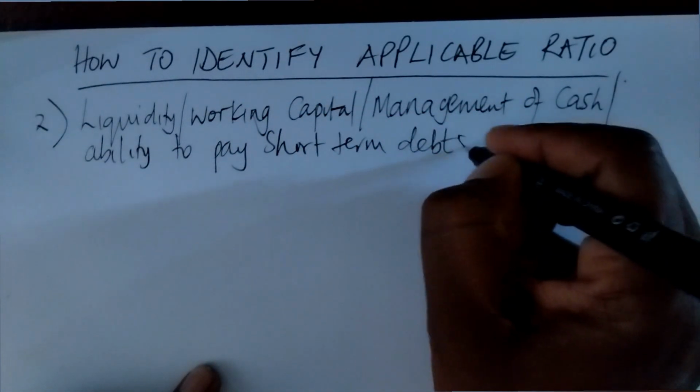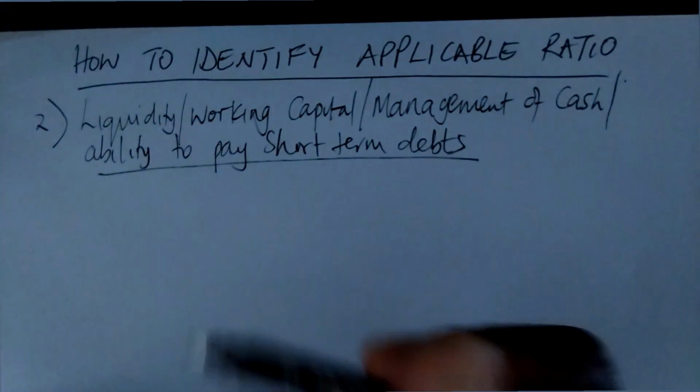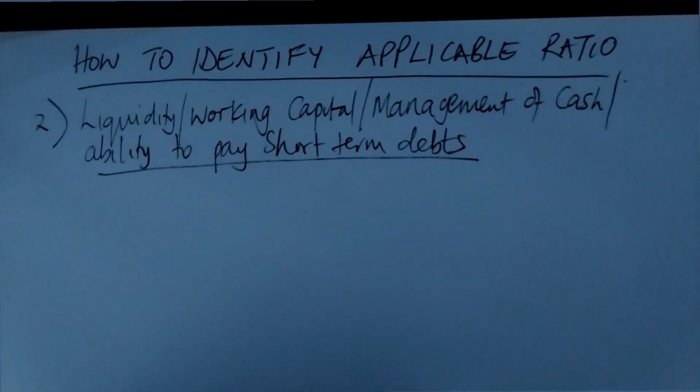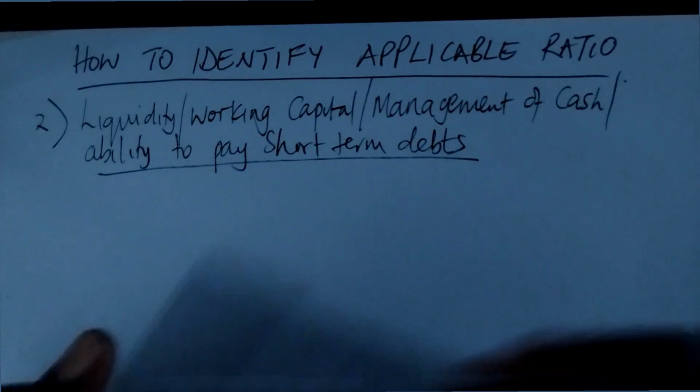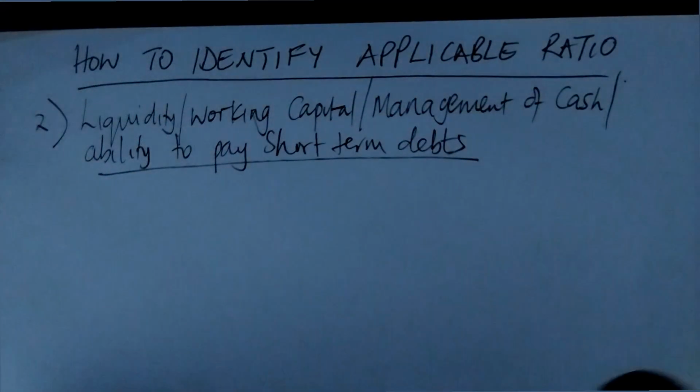So a question may come and is testing you on this category of indicators, where they can say to you, comment on liquidity, or comment on the working capital, or comment on the management of cash, or ability to pay short-term debts.